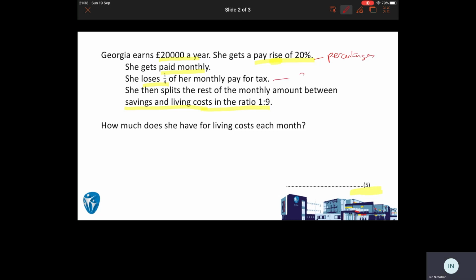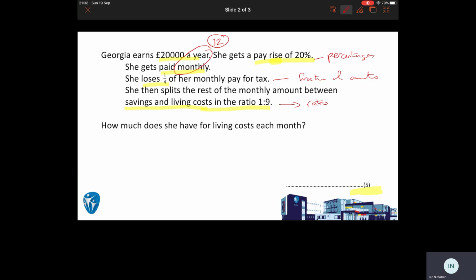We've got fractions of amounts. And we've got sharing in ratio. And then the other bit is actually a bit of common sense to understand that although she gets paid monthly, it's giving us as a year. So we do need to know just from our own knowledge that there's 12 months in a year.